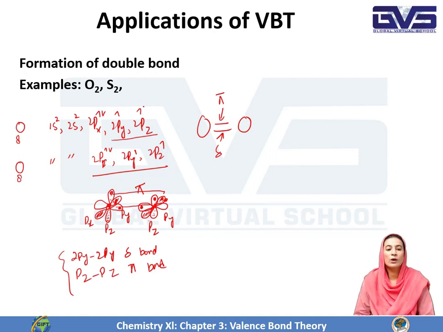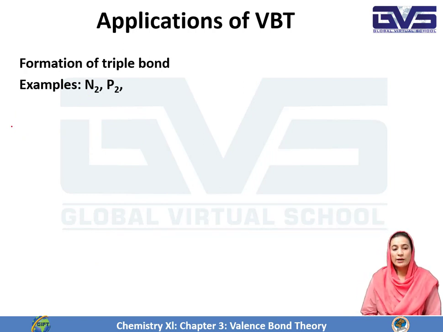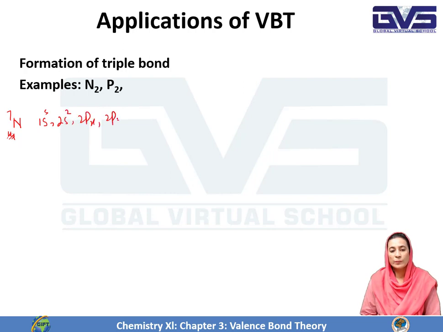Now look at how a triple bond is formed. Of course, if the atom has three partially filled atomic orbitals, you know the atomic number of nitrogen is 7 and atomic mass is 14. So 7, 1s2, 2s2, 2px, 2py and 2pz. 2 to 4, 5, 6, 7.